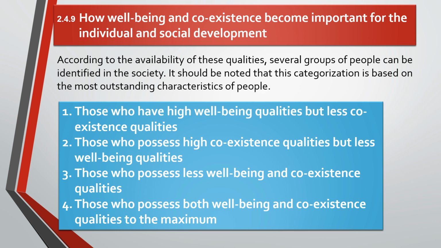As students or maybe children, you must grow the qualities of well-being and coexistence to the maximum level. Since your school days, you can grow or develop these qualities. So that is very, very essential.